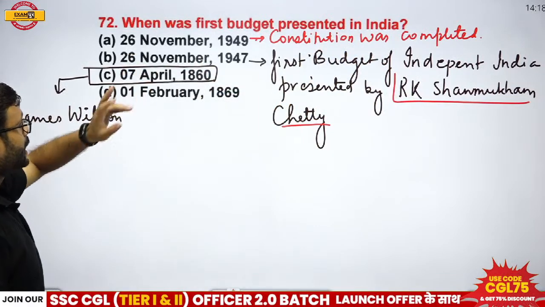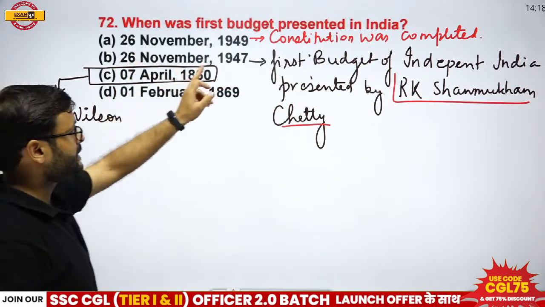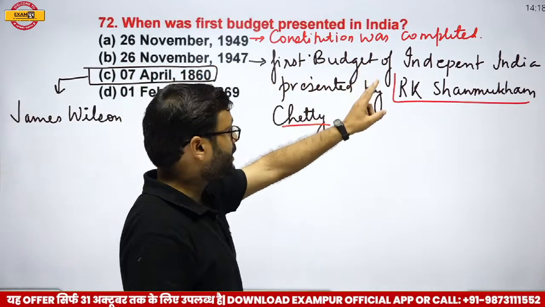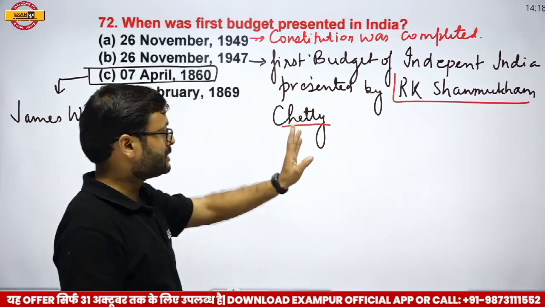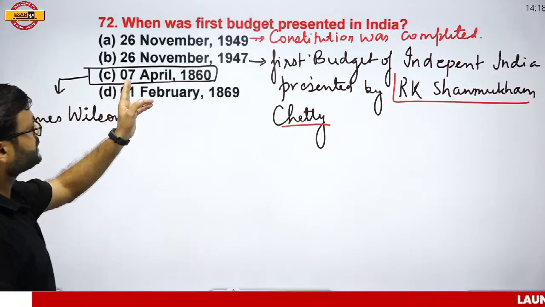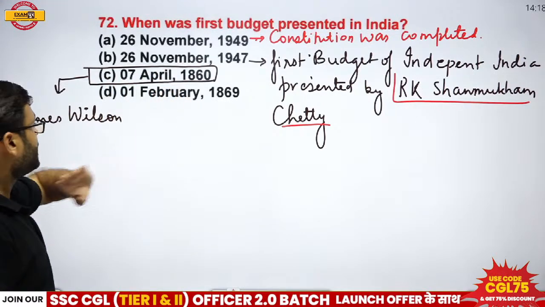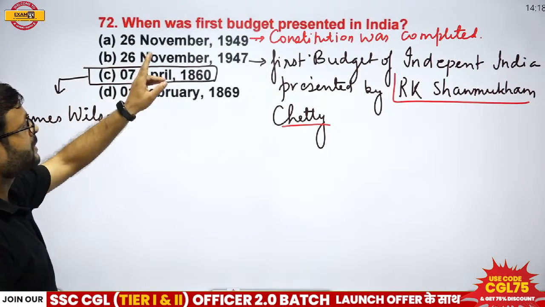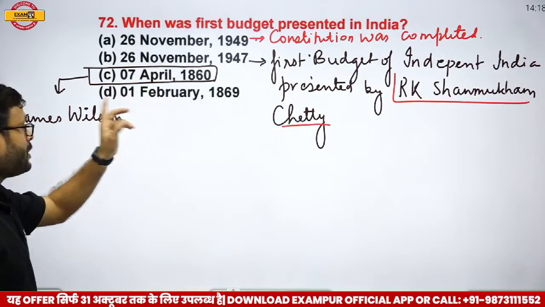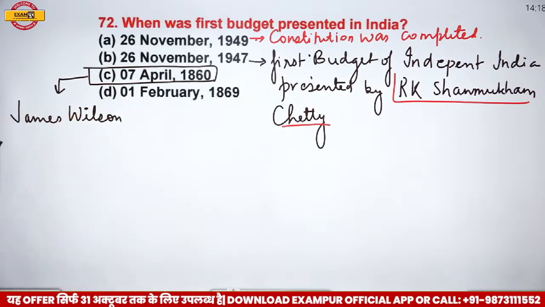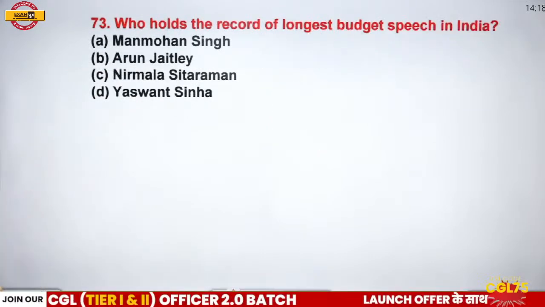On the 26th November 1947, the first budget of independent India was presented by R.K. Shanmukham Chetty, and on 7th of April 1860, the first budget of India was presented by Sir James Wilson. Now, next question.